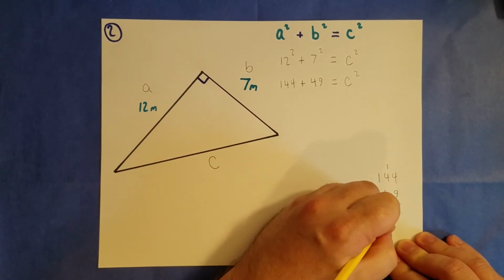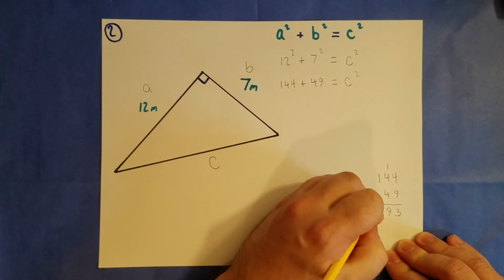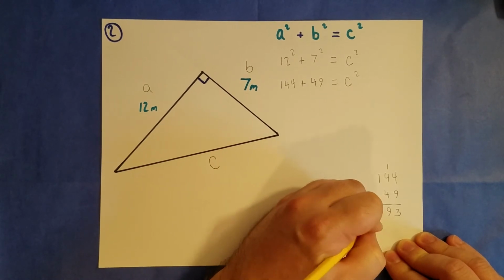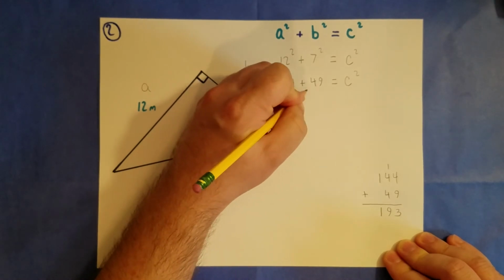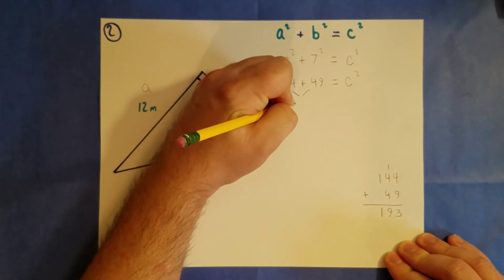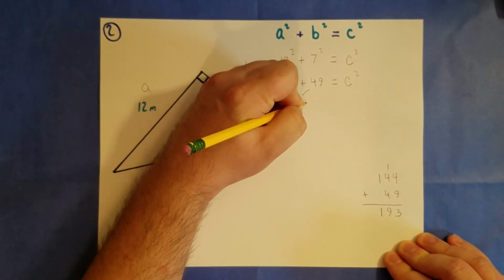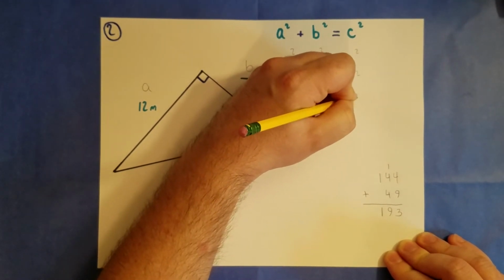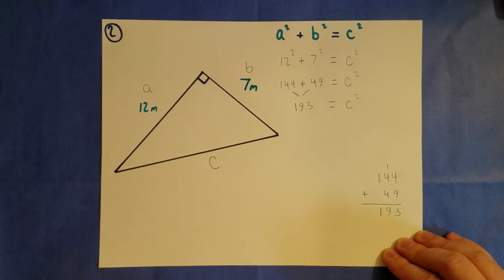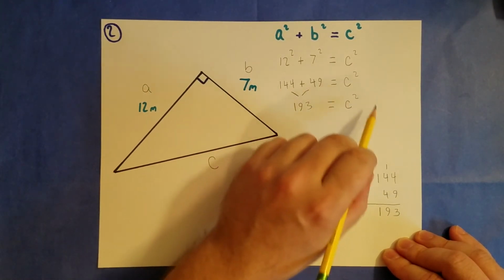Plus 1 is 9. And then 1 plus 0 is 1. So my sum is 193. So when I added these two together, I got 193 equals c squared. So now this is back to a one-step equation.